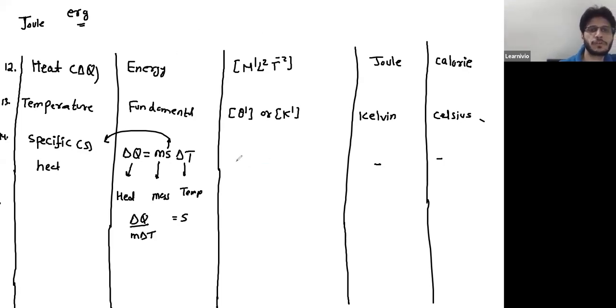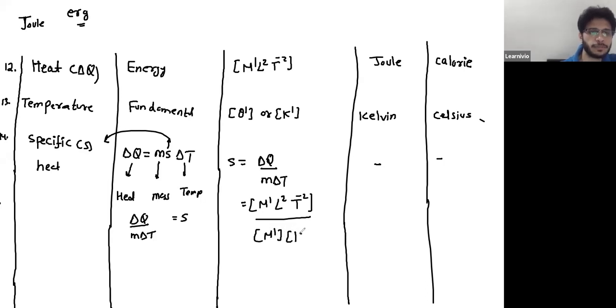This is pretty straightforward. So s is, yes, Fazil, you are correct, delta Q over m delta T. So delta Q is M1 L squared T minus 2. M is mass, which is M1. Delta T is temperature, which is Kelvin.